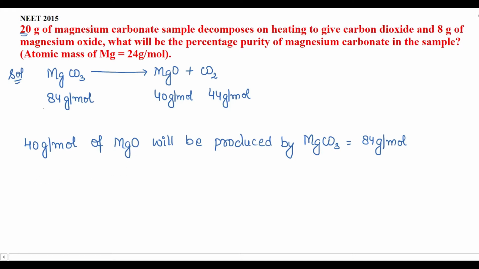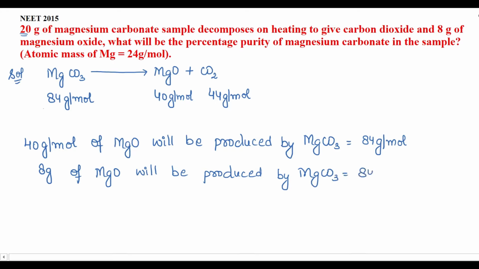Now we'll say 8 gram of magnesium oxide will be produced by magnesium carbonate equal to 84 gram per mole divided by 40 gram per mole into 8 gram.